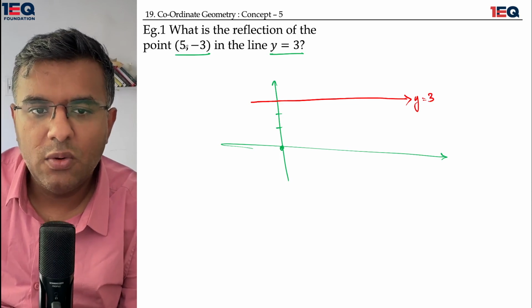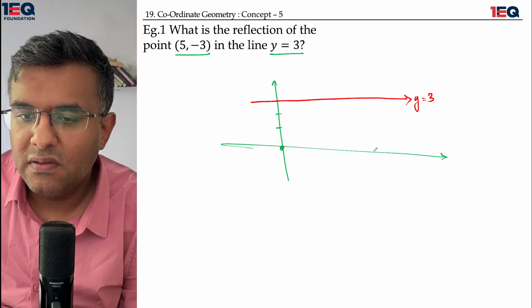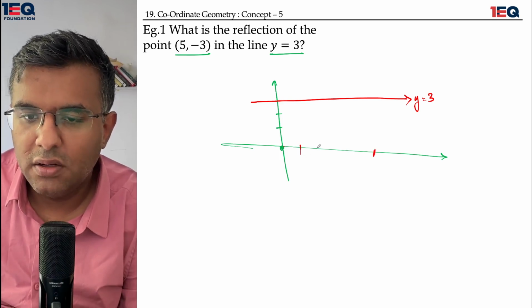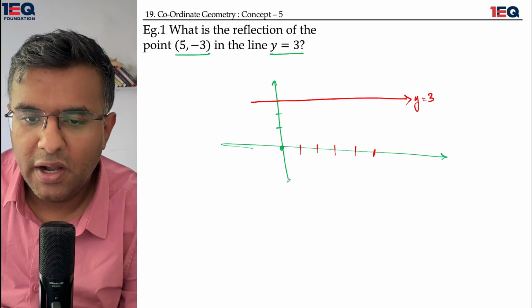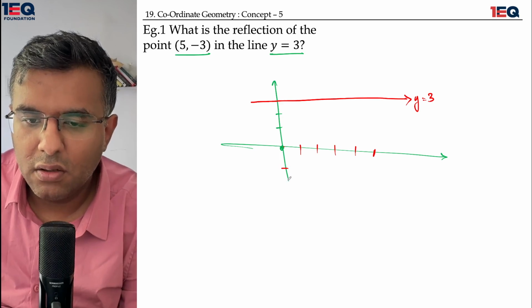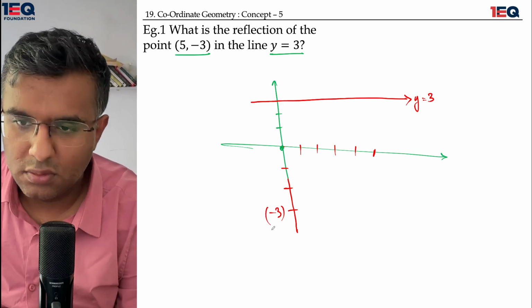So now I need to have the point 5 comma minus 3. 5 is here, 1, 2, 3, 4, 5, and minus 3 here. 1, 2, and 3. Minus 3 being equal to this place.